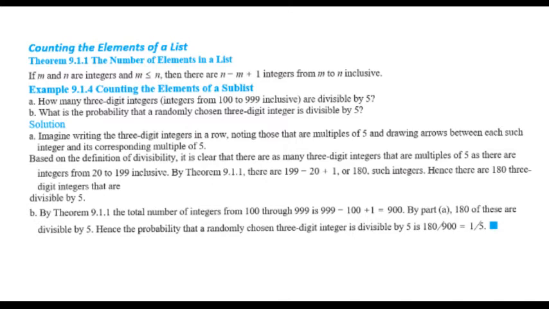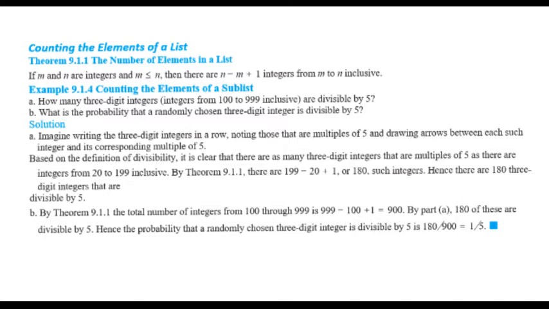In fact, if you multiply 20 by 5, you get 100, which is the smallest three-digit integer that is divisible by 5. Then 21 times 5 is equal to 105, which is the second three-digit integer that is divisible by 5.